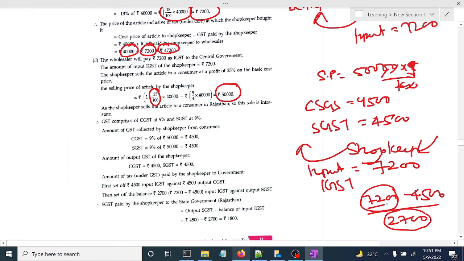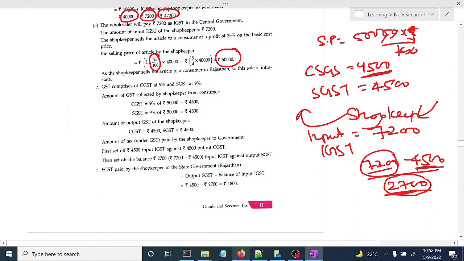Got my point? He received only 4500, so he paid 2700 rupees extra to the central government. So that will be deducted from the state government. So the state government, how much did he get? 4500. 2700 he extra paid to the central government. So 1800 rupees he has as tax liability which he will pay to the central government.